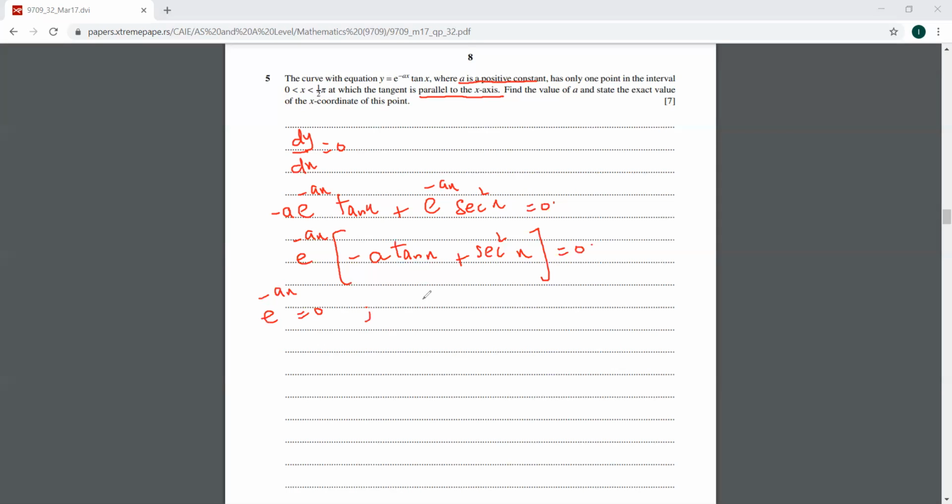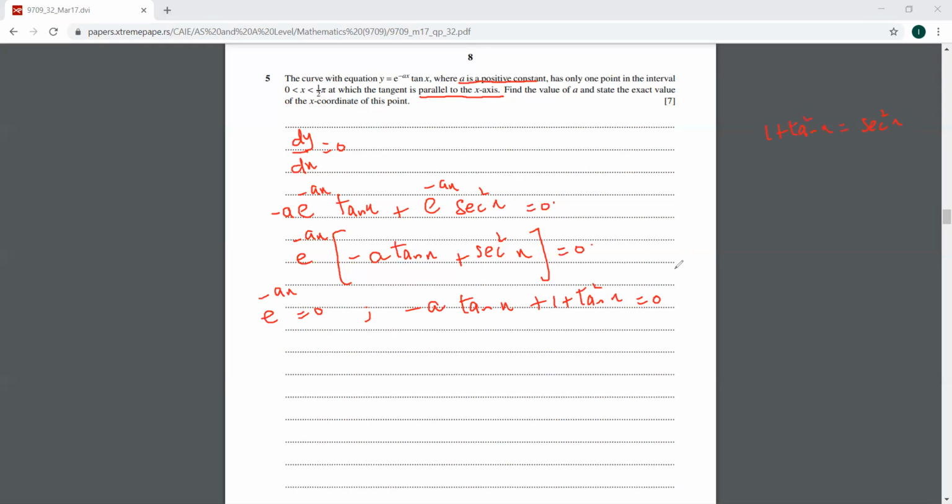So the other one, this minus a tan x plus secant square x. Now, do you know that 1 plus tan square x is your secant square x, okay? So we can write it as 1 plus tan square x, that is equal to 0, okay?